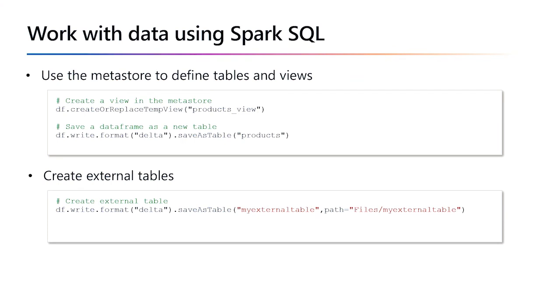You can create an empty table by using the spark.catalog.createTable method, or you can save a data frame as a table by using its saveAsTable method. Deleting a managed table also deletes its underlying data.